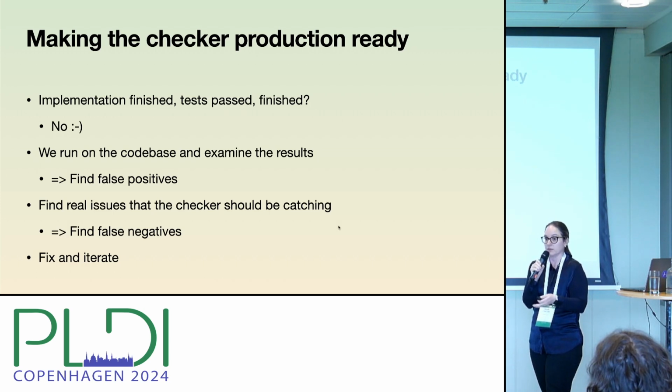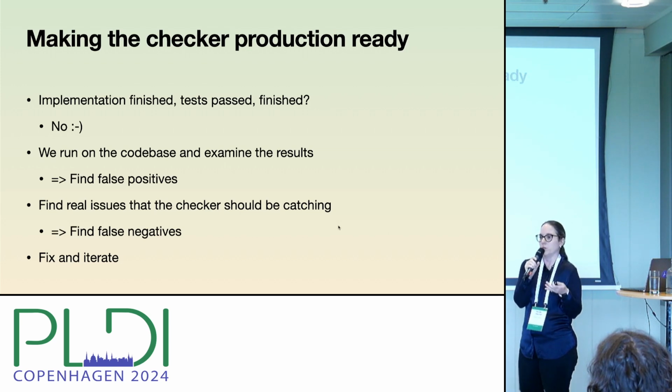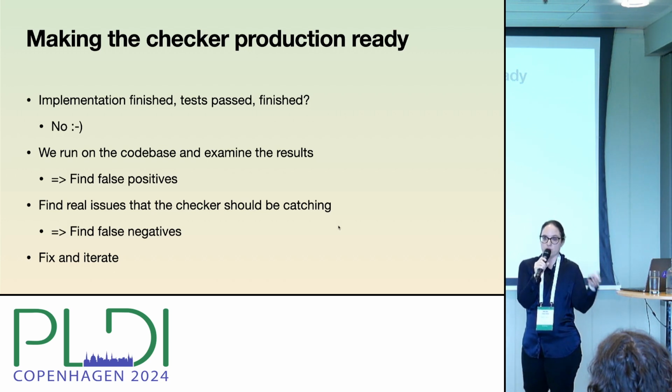And then we iterate from there. Look at the false positives and try to find what the problems are, what needs to be improved, and fix them. We won't aim for zero false positives, but we aim for a good checker that doesn't have too many false positives before we release it to the users.